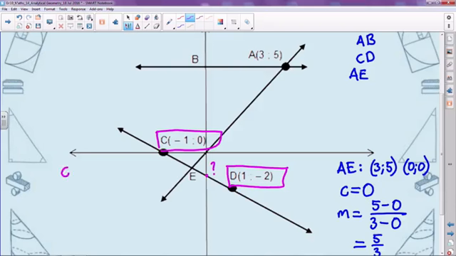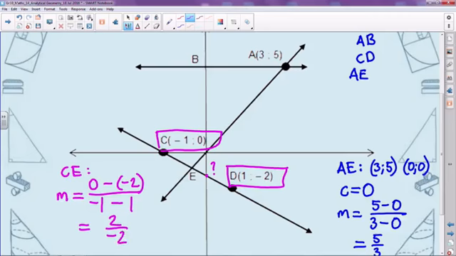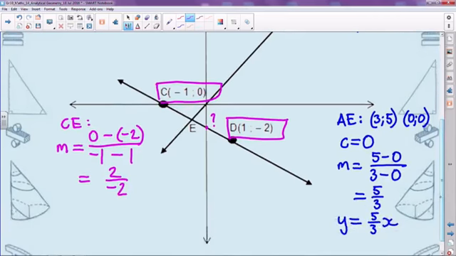Let's start off with finding out the gradient. So m is equal to the change in y, so 0 minus -2, over the change in x, which is -1 minus 1, which is 2 over -2. So what's the gradient of that line?